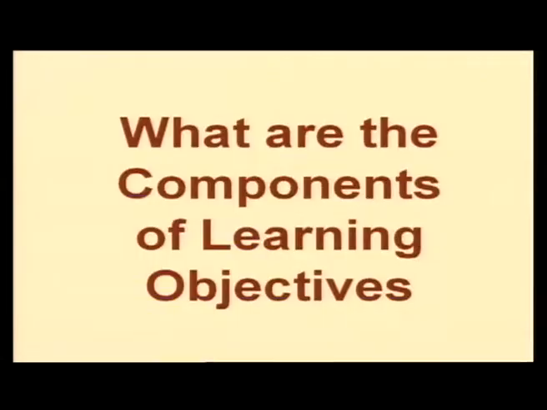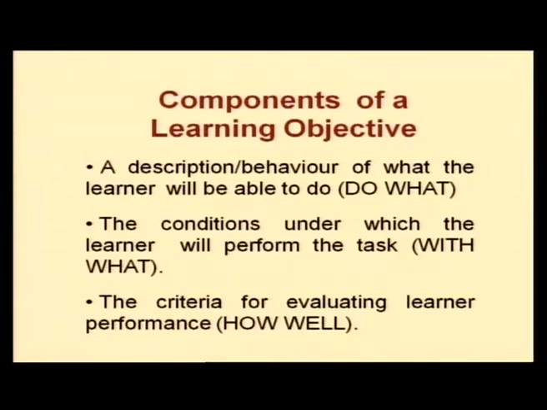Now, what are the components of the learning objectives? There are 3 basic components. One is the description, which you see in the first line. It is a description of the behavior of what the learner will be able to do. That is, what the learner is doing. The second component of a learning objective is the condition: the conditions under which the learner will perform the task, that is, with what.